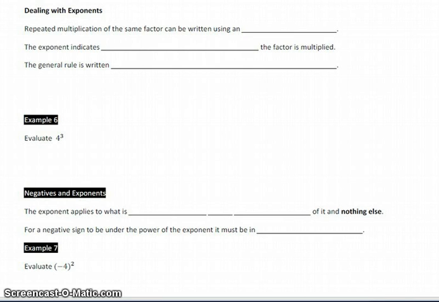This video is going to talk about dealing with exponents. If you recall, exponents indicate a repeated multiplication of the same factor, and instead of writing that out, they can be written using exponents. And what that exponent tells us is the number of times the factor or base is multiplied together.